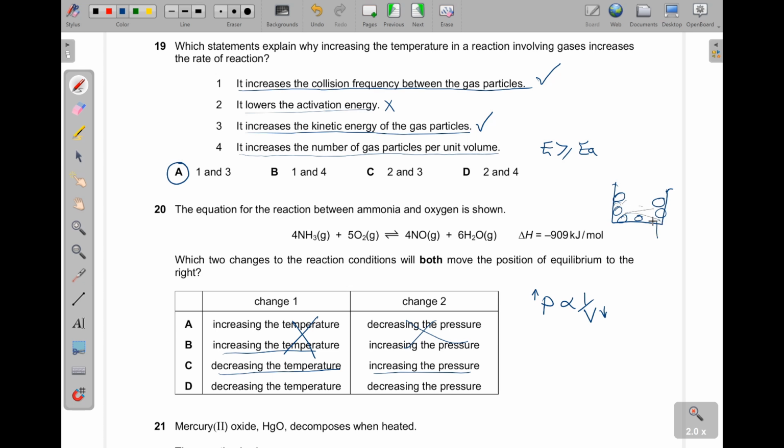So more pressure is exerted with more number of gas moles. You see that? Then when we look at here, the total number of gas moles here are 9. And then the total this way, they are 10.